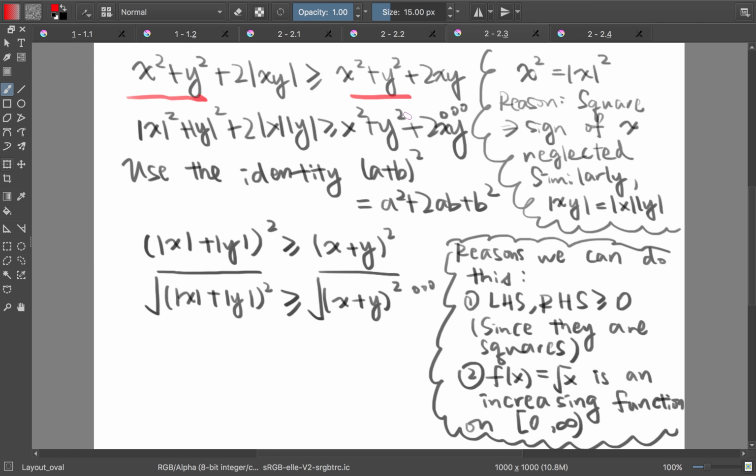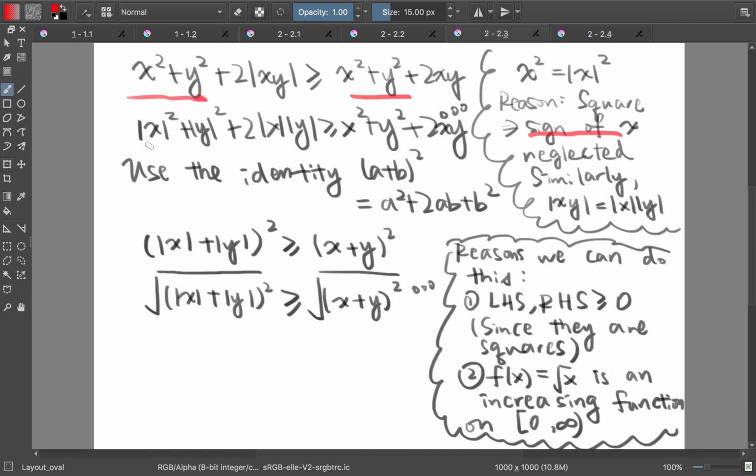Well, the next step needs an explanation. First of all, we should observe that x squared is equal to the absolute value of x, squared. The reason is that if we square something, the sign of x is neglected. And similarly, we can prove that the absolute value of x times y is equal to the absolute value of x times the absolute value of y.